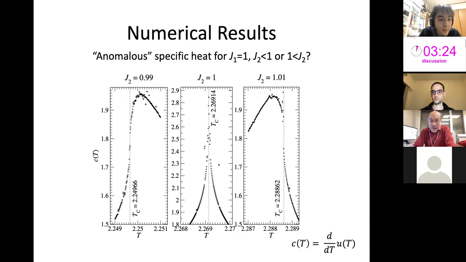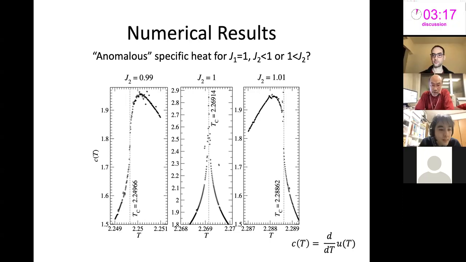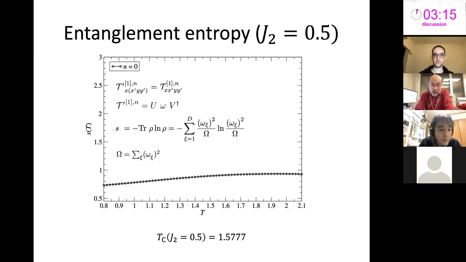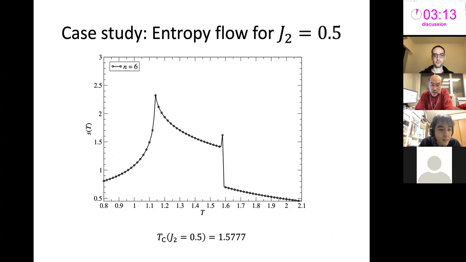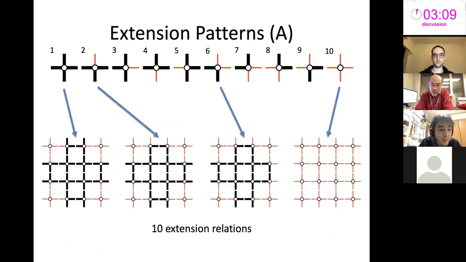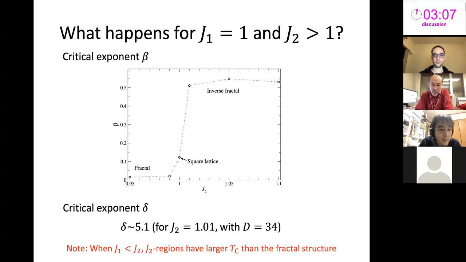Okay, is there any other question? So I have one question about the inverse J1J2 lattice. So in the limit, when J1 equals 0 or J1 equals 1 and J2 equals infinity, probably you can calculate everything just using the scaling relation of finite clusters consisting of J2 lattice only.